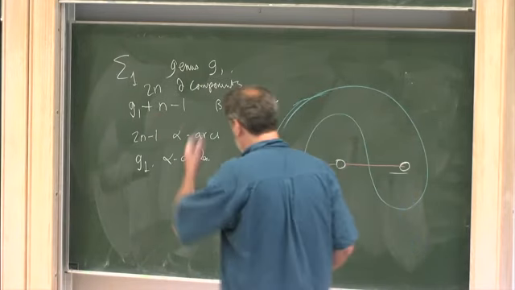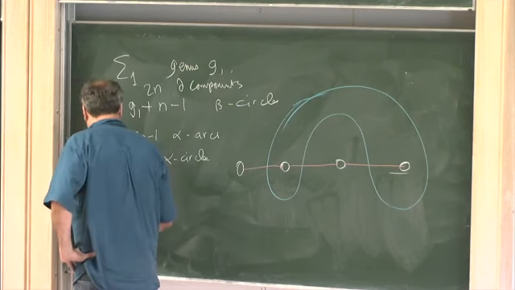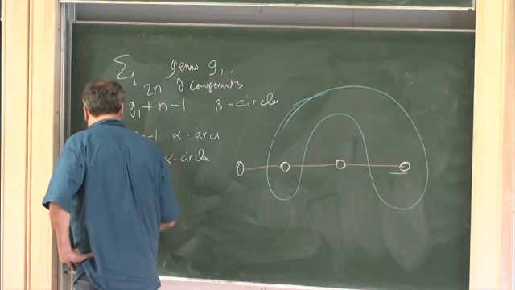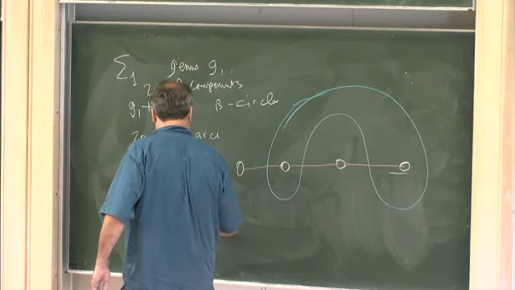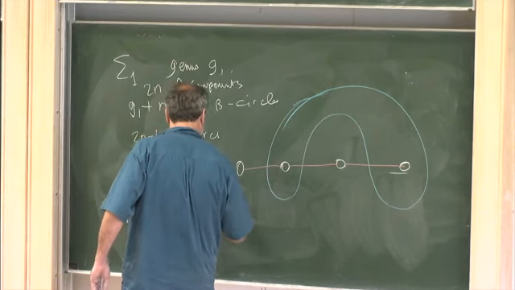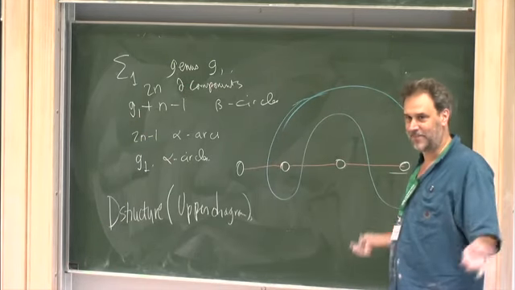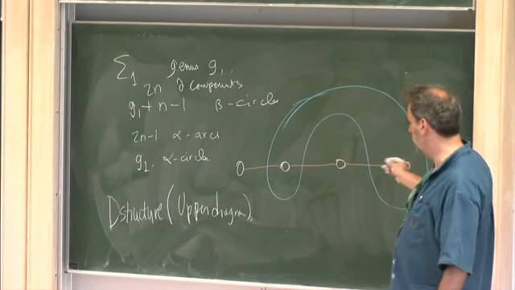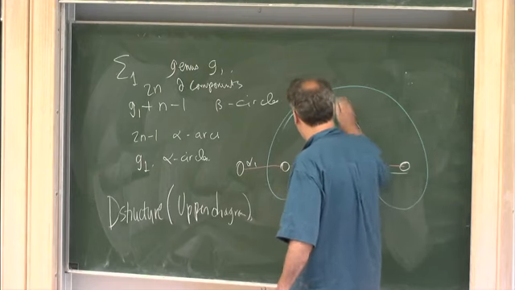What I'm trying to define is the D module, or the D structure, associated to an upper diagram. And rather than giving a definition, I'll do an example. So in this case, we have alpha 1, alpha 2, alpha 3, and beta.